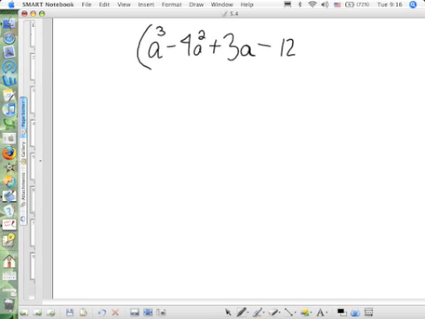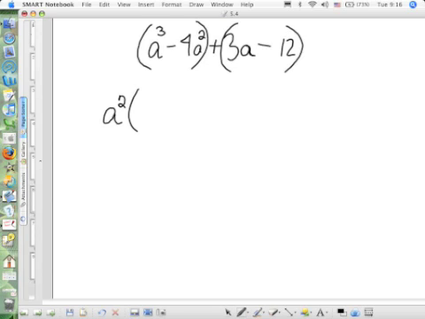These are already in order for us. We're going to start by grouping the first 2 and the last 2 terms together. Just like what we did with the greatest common factor on that last slide, we're going to do that, but we're going to do it twice. First to the first group, then to the second. Focusing on the first set of parentheses, what do they have in common? A squared.